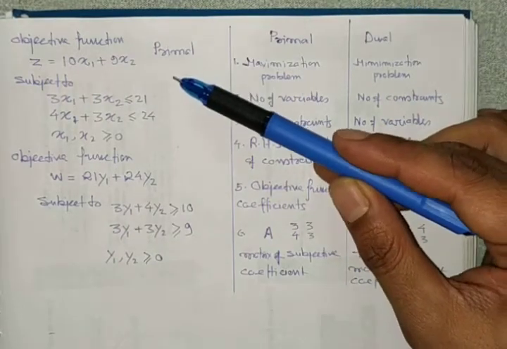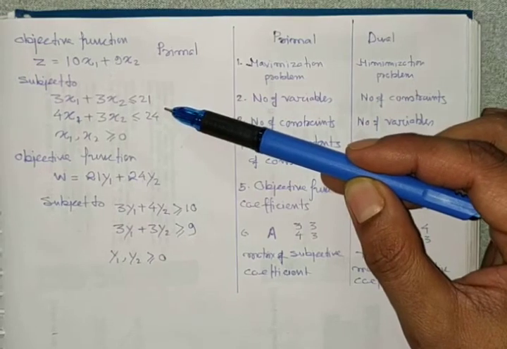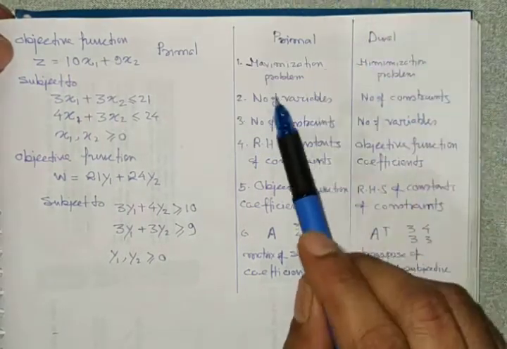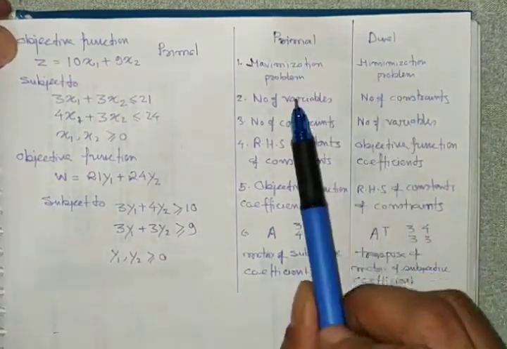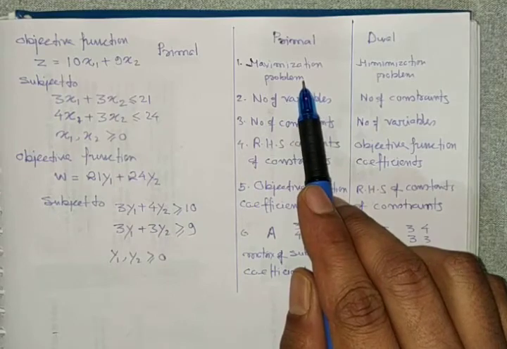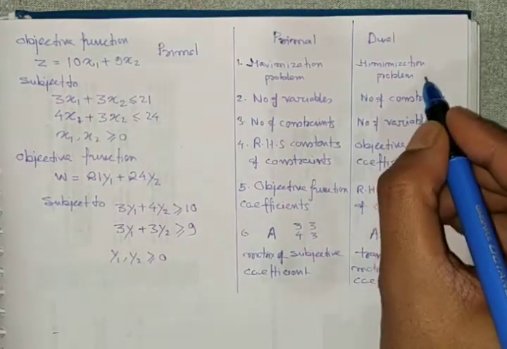So let's compare this example to understand things. Between the primal and the dual, the maximization problem in the primal is converted into a minimization problem, and vice versa.